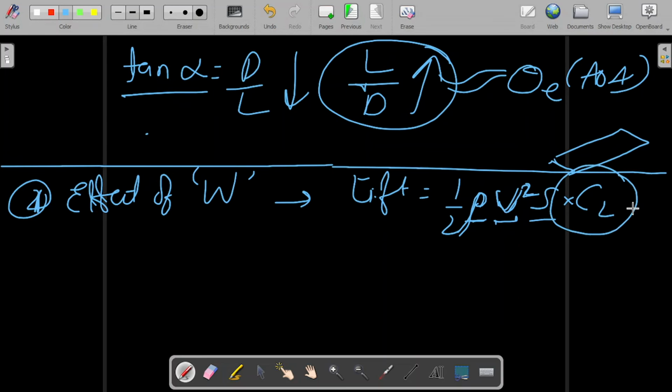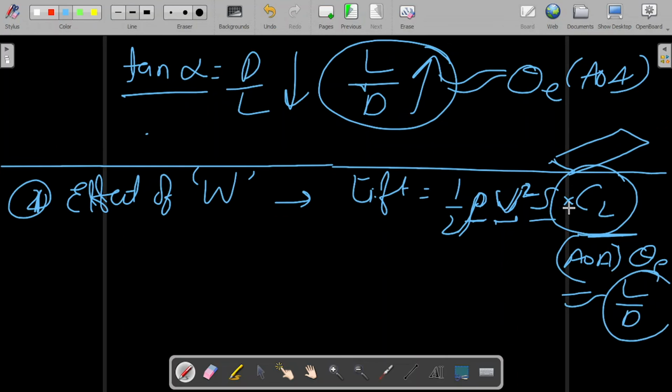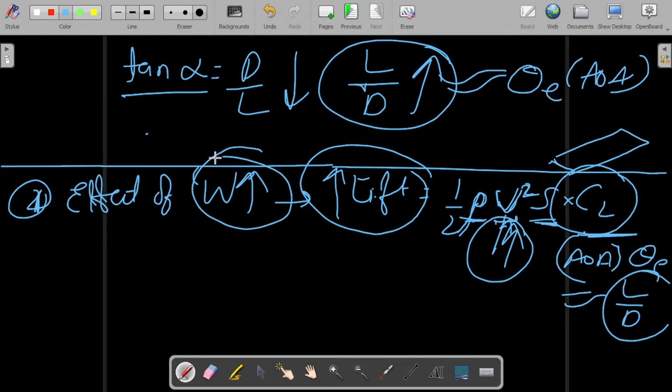We are keeping the coefficient of lift constant because we are flying the aircraft at a particular angle of attack, the best efficient angle to get the maximum L by D ratio. If we increase the weight, the lift has to be increased, and if CL is constant, S is constant since surface area can't change in flight, and density of the medium is constant, the velocity will automatically increase to cater for the lift when we increase the weight.